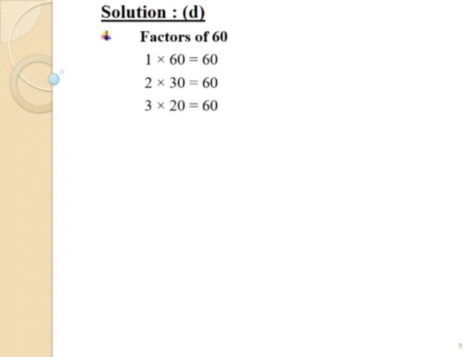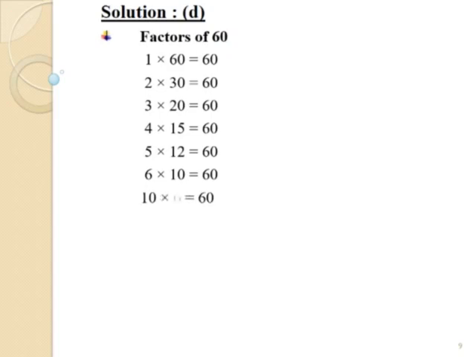So 3 and 20 are the factors of 60. 4 fifteens are 60. So 4 and 15 are the factors of 60. 5 twelves are 60. So 5 and 12 are the factors of 60. 6 tens are 60. So 6 and 10 are the factors of 60.